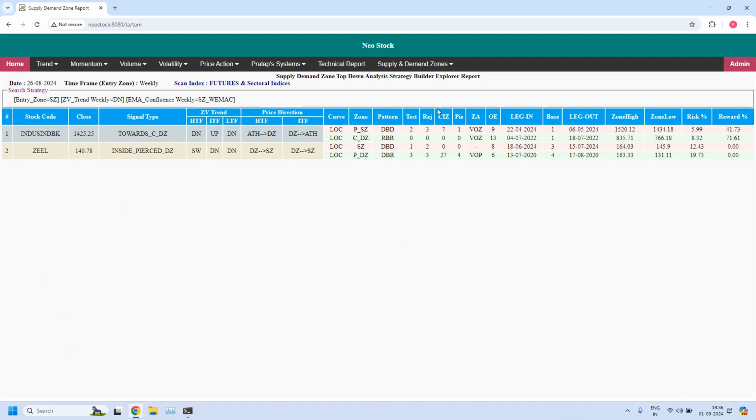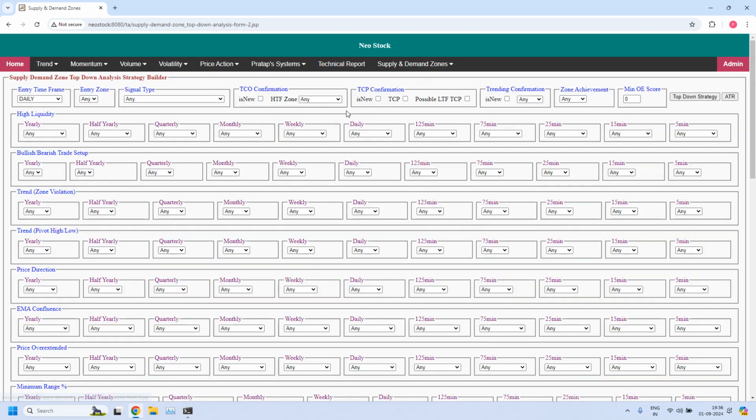Okay. So in the next report, the first one is anyway the weekly zone. Okay, in the trend, not trend, sorry, zone confluence. Next we will filter based on the zone confluence, but the time frame should be weekly.